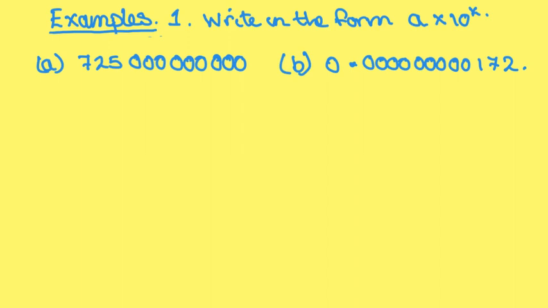Let's go through some examples. So example 1, write in the form a times 10 to the power of k. A, 725,000,000,000,000. So the first thing you need to do is put in the decimal point. So the decimal point is there. And now we need to move the decimal point to the left so we get a value between 1 and 10.